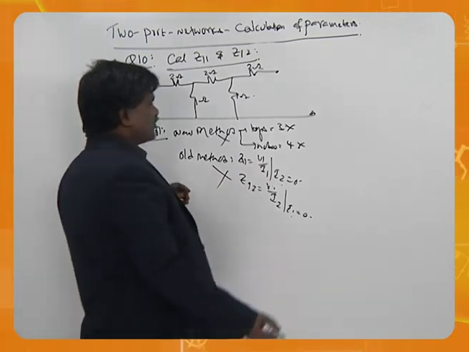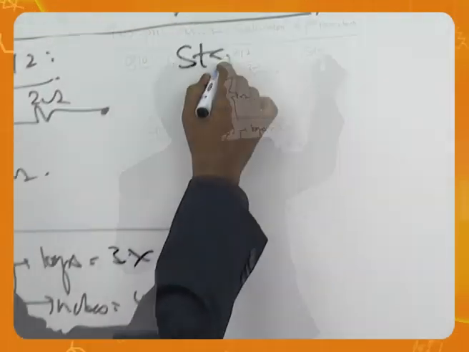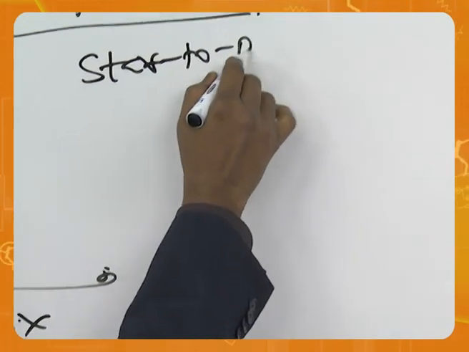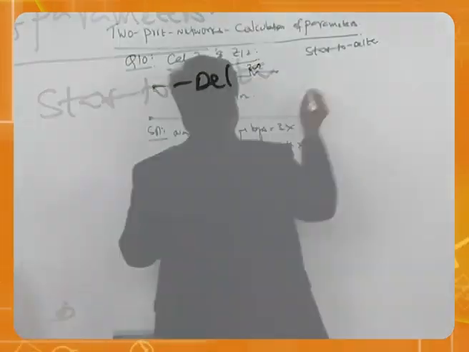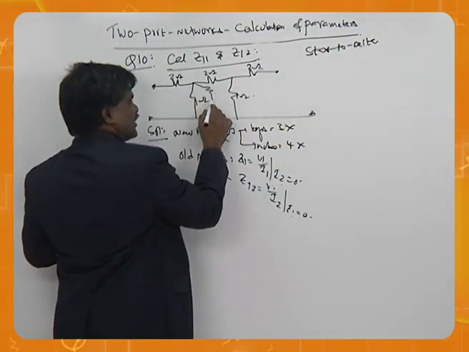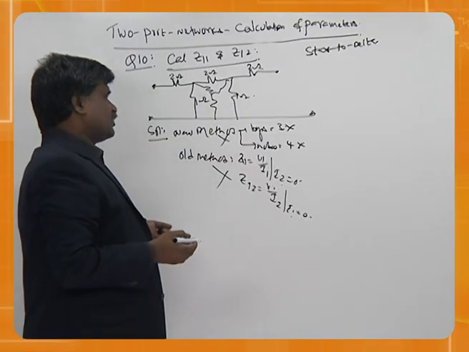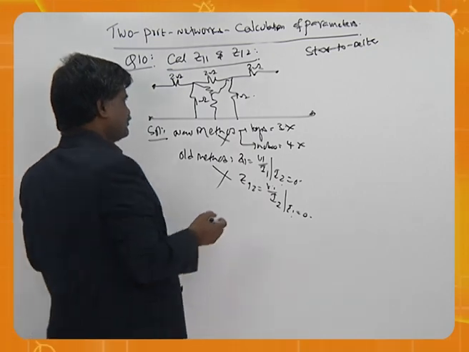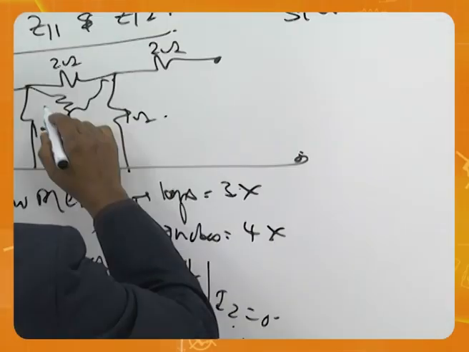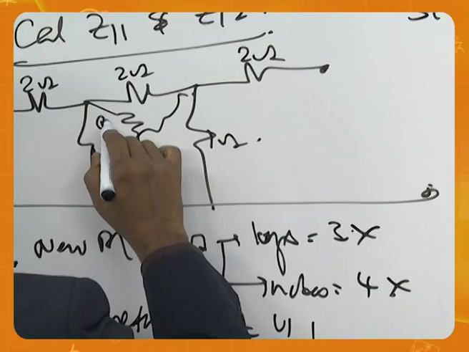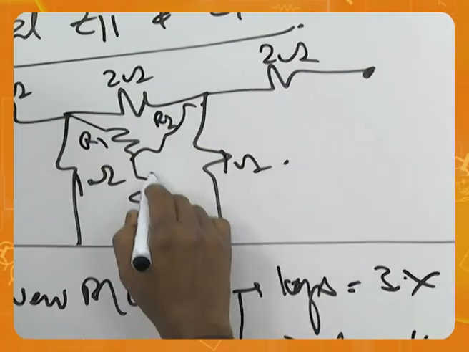Then the next option I want to take is star to delta transfer. Let me go for star delta. The best thing is that you can have a star delta here. What is the star delta for your possibility? The star delta is, if you want anything, say for example this is R1, R2, R3.